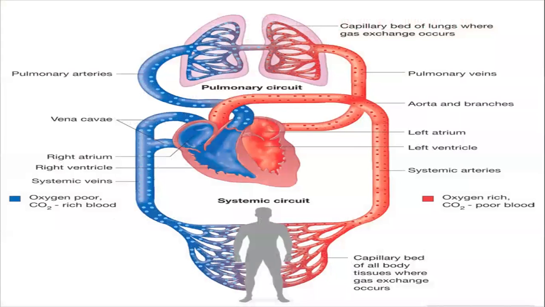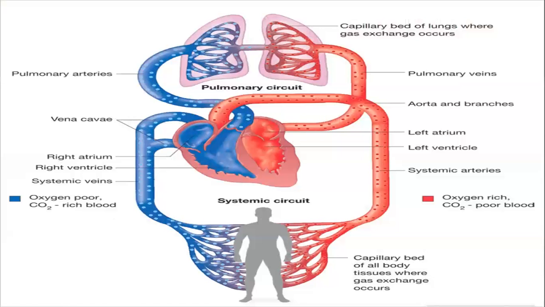So the blue side carries oxygen-poor, carbon dioxide-rich blood, while the other side, the right side, contains the oxygen-rich blood. If you can see, the blood flows from the vena cava, then enters the right atrium, then right ventricle, then goes to the pulmonary arteries, then flows to the lungs.